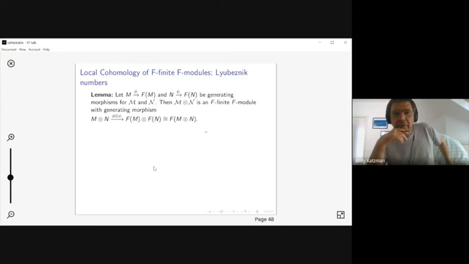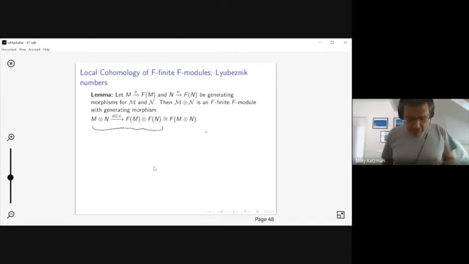It turns out that this is also a finite F-module, because it has a generating morphism, which is the tensor product of the generating morphisms for M and N. The only place where you have to work a bit is to show this isomorphism here, but it's just a matter of getting the definitions right. Okay, so we're going to be using this.